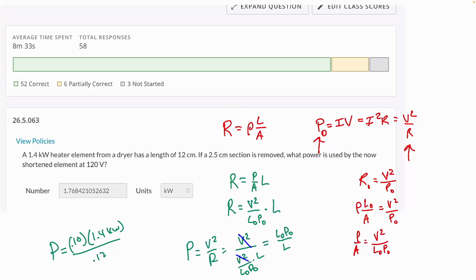So I made a mistake somewhere. What did I do? Did I type it in wrong? It's 2.5 centimeters, not just 2. Oh, 2.5 centimeters, not 2. 2.5 would be 0.095, right? 12 minus 2.5, yeah.